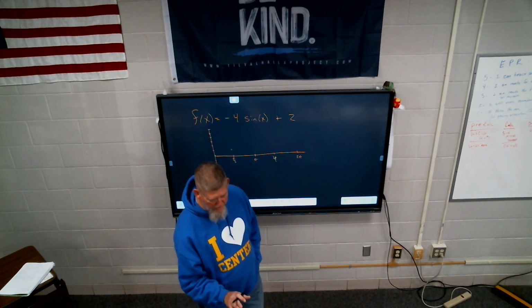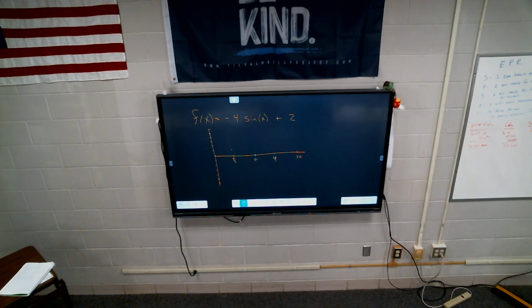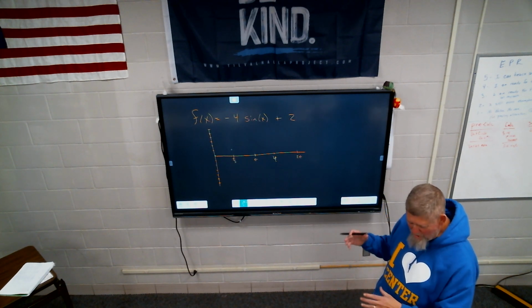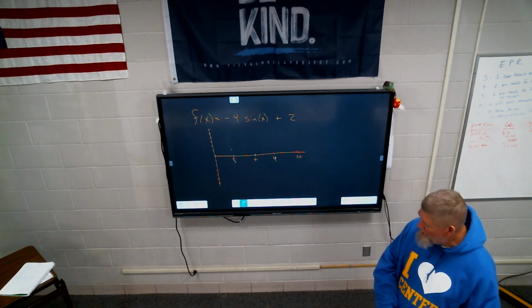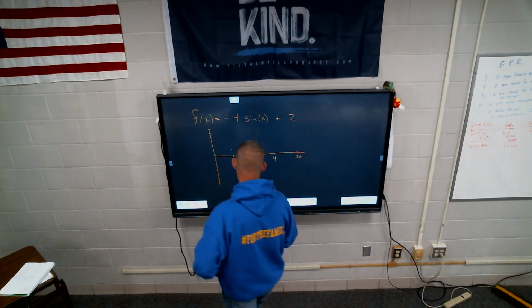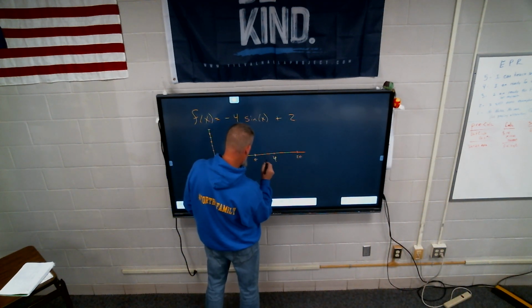And part of the reason I do that, just so you know, is every time I sketch this up here, I'm sketching different widths and stuff. So I want you to always go back to what does the parent function look like? So this one's going to look how compared to that. So that's the reason I do it. I'm not going to ask you to do that on the test or anything.